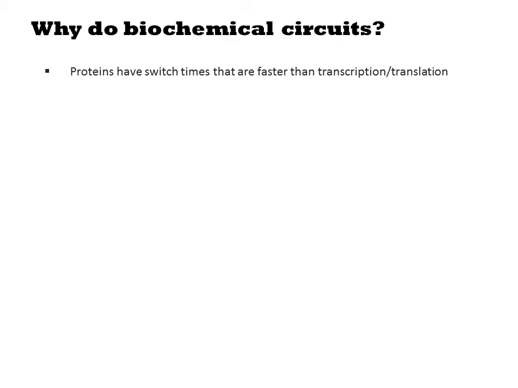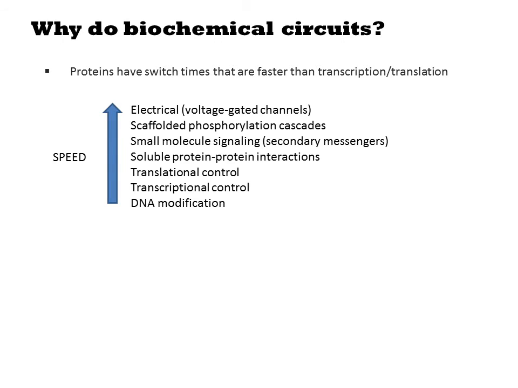There are many reasons why you might want to exploit biochemical circuits instead of simple transcriptional circuits in your designs. Intramolecular interactions are typically orders of magnitude faster than the processes of transcription and translation. Sequentially building up an mRNA and protein involves thousands of enzymatic reactions, so it's intrinsically a slow process to affect systems in this way. We can describe a hierarchy of signaling timescales.